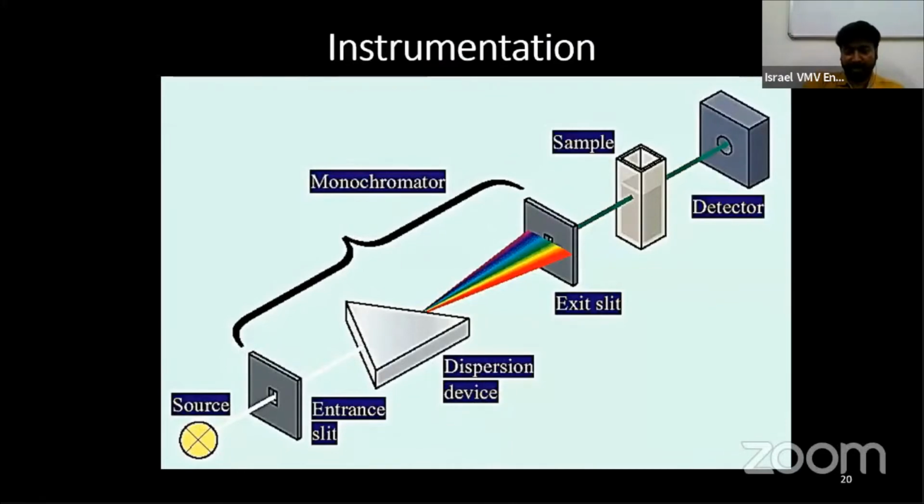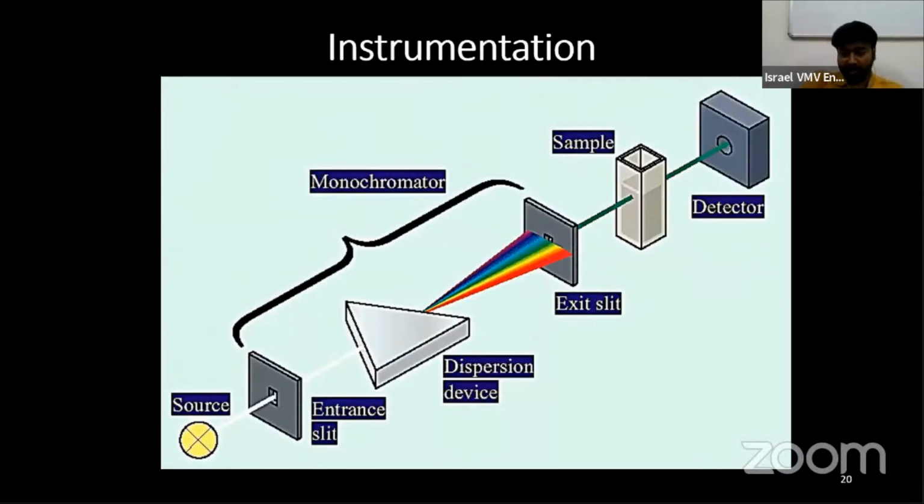This is the instrumentation. The difference between the absorption spectrometer and the emission spectrometer is that in the absorption spectrometer there is only one monochromator. In the emission fluorescence spectrometer, there are two monochromators. This is the basic difference. In the UV visible spectrum, the monochromator, the sample, detector, and source are all in a straight line.